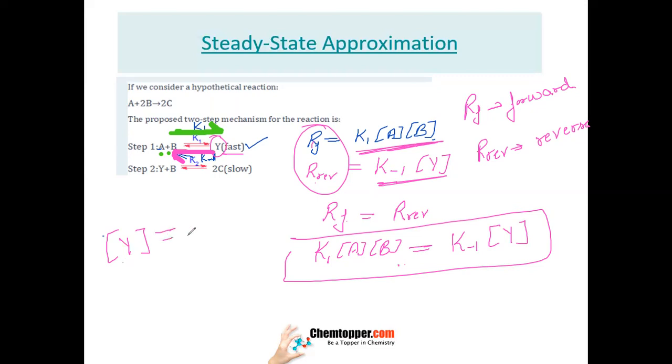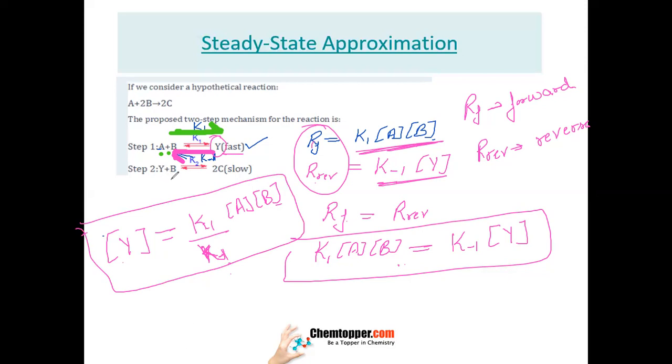So the concentration of Y is K1 over K minus 1. Oh, sorry. No, they don't have the same values. They have different values. It depends on the activation energy. So I'm rearranging the equation. What else is there? Concentration of A, concentration of B.